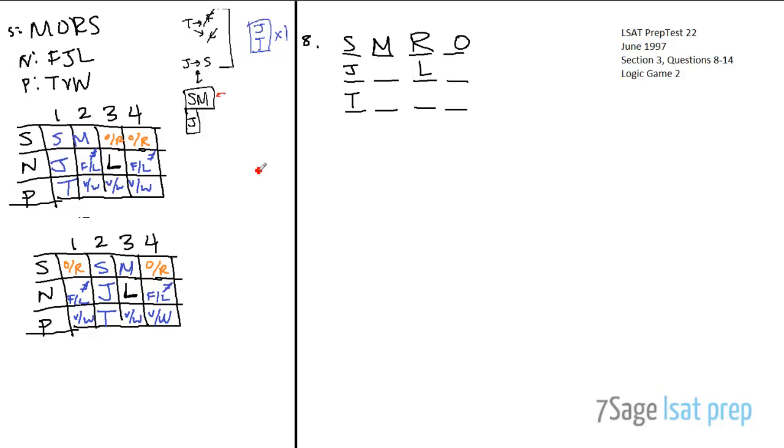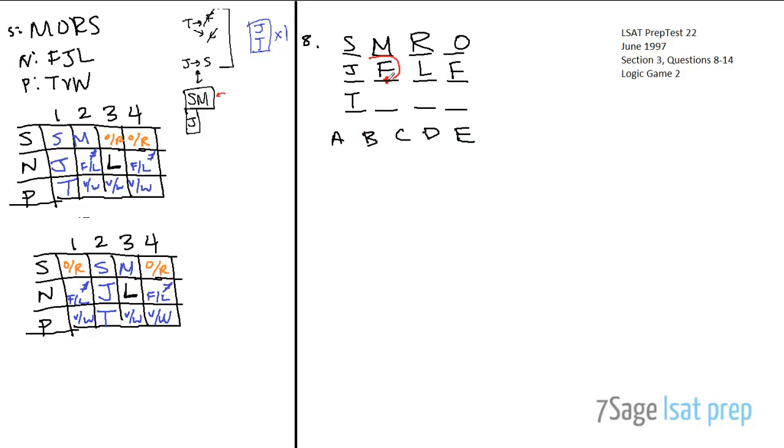Okay, which of the following is a pair of professionals who could be scheduled for day 2 together? Now we know the only slot that L teaches in is here. We already knew that the only slot J teaches in is with S. That means that these have to be full of Fs.